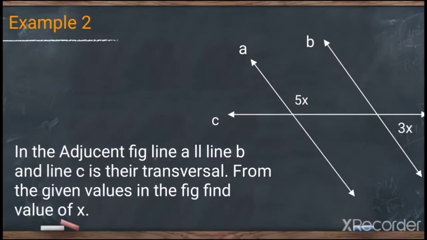To find the value of x, we have to relate these 5x and 3x to each other. You can choose two methods. The first one is corresponding angles, otherwise interior alternate angles. Here I choose the second method.